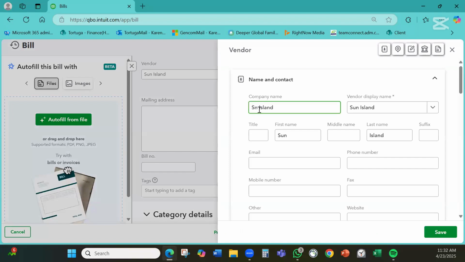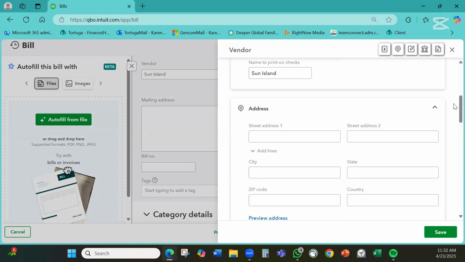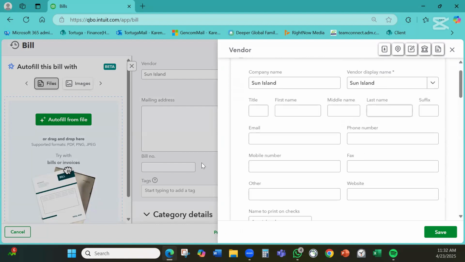You set that up if it's not there. This is not two different names, it's a company, right? You put in your email address and so on. Let me just put in something, Sun. 876-589-8795.